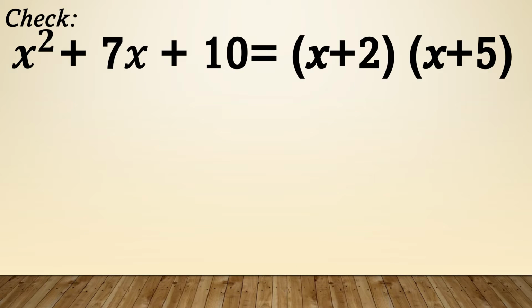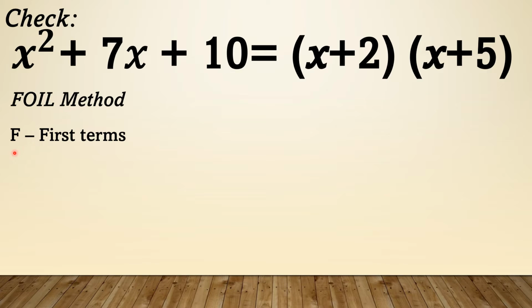Now, if we are going to check whether our factors are correct or not, we are going to check applying the FOIL method. So we have here two binomials. We're going to multiply these applying the FOIL method.